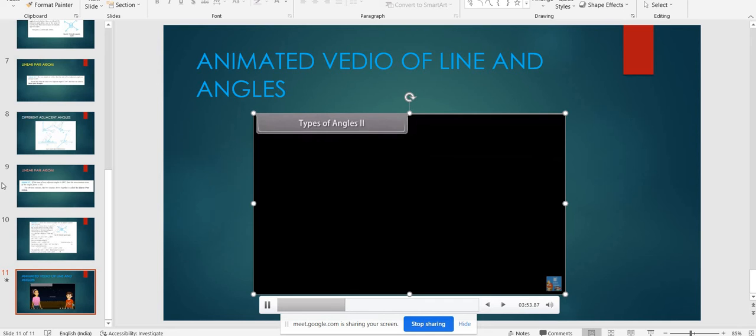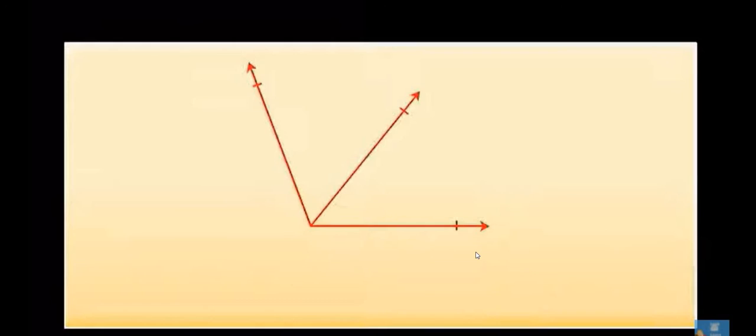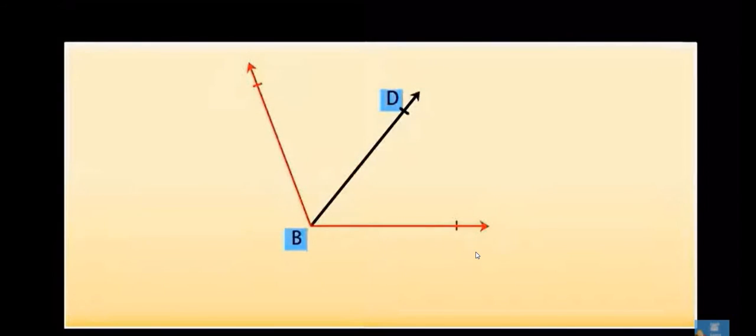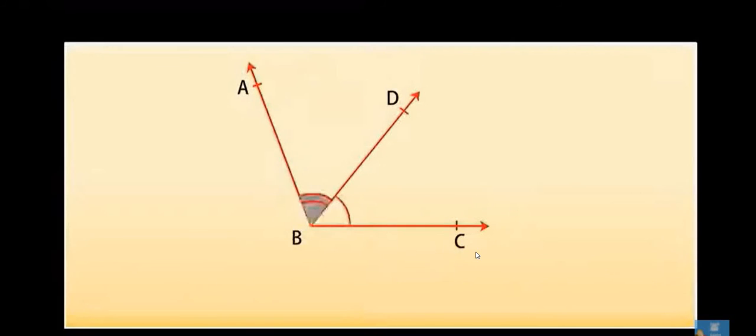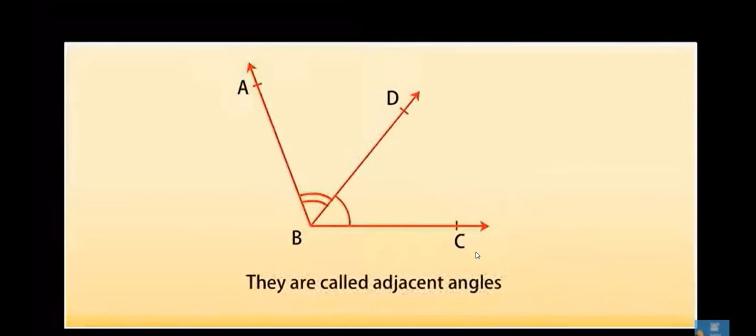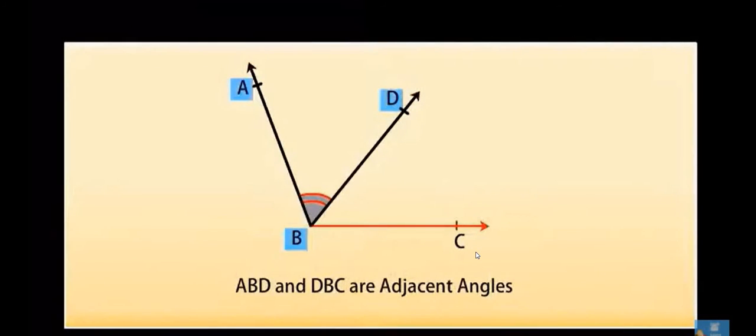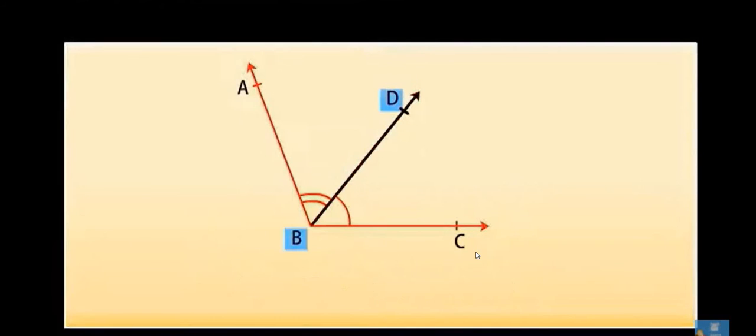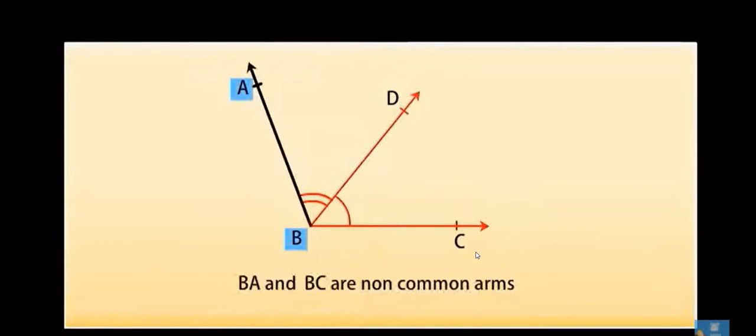Types of angles. Another question, what do we call those angles which have a common vertex, a common arm, and their non-common arms are on different sides of the common arm? They are called adjacent angles. Here ABD and DBC are adjacent angles. Ray BD is their common arm and point B is their common vertex. Ray BA and Ray BC are non-common arms.